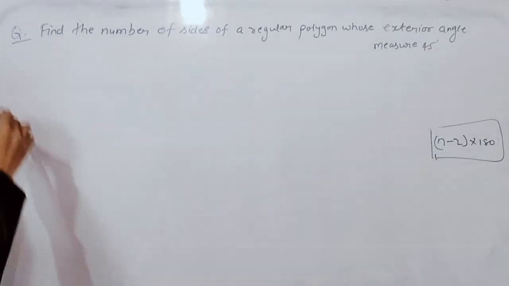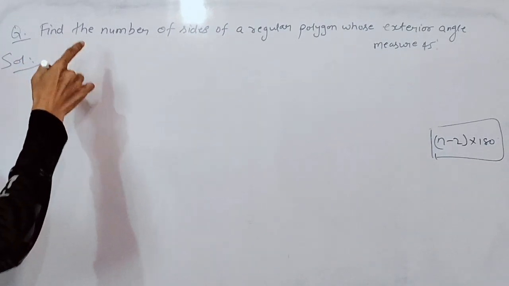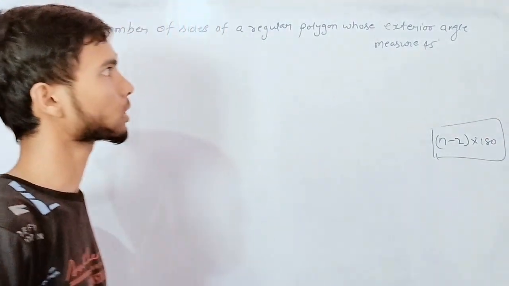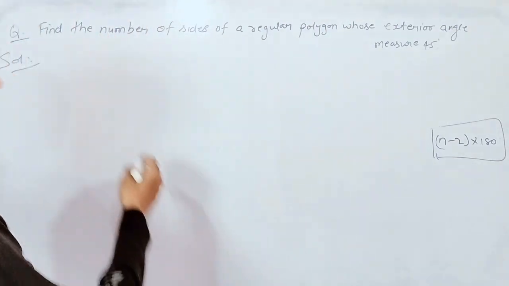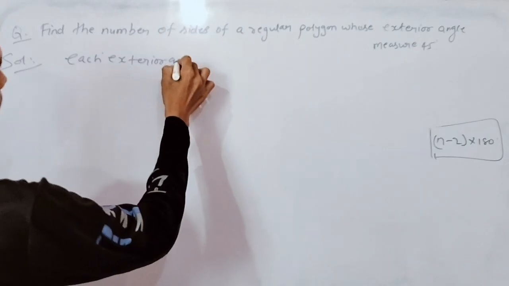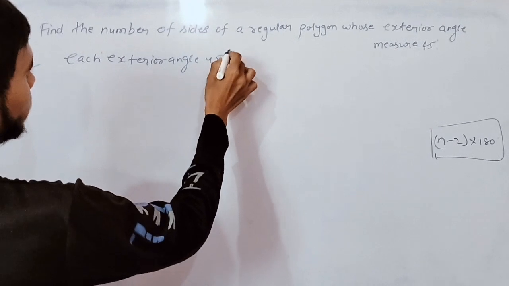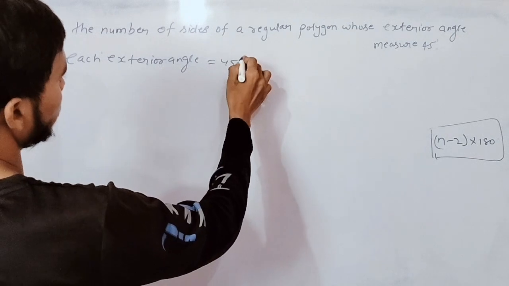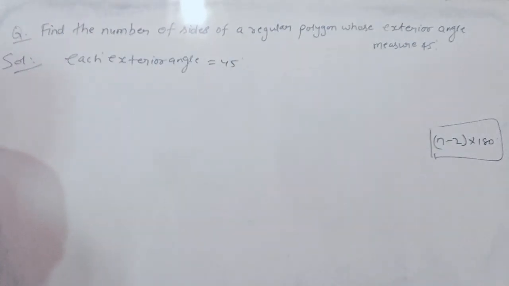What is it saying? Find the number of sides of a regular polygon whose exterior angle is how much? Each exterior angle is 45 degrees. We have to find the number of sides.